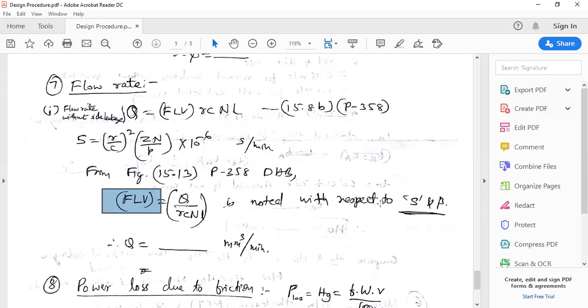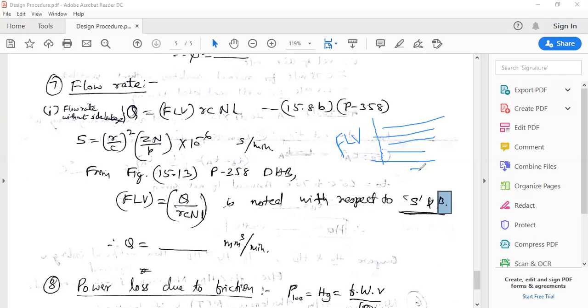This is noted based upon a similar case, S and beta. S is the Sommerfeld number and beta is the angle. The previous graph and this graph are both similar. Here, the flow variable is recorded along the ordinate, and the value of S, the Sommerfeld number, is represented along the abscissa.